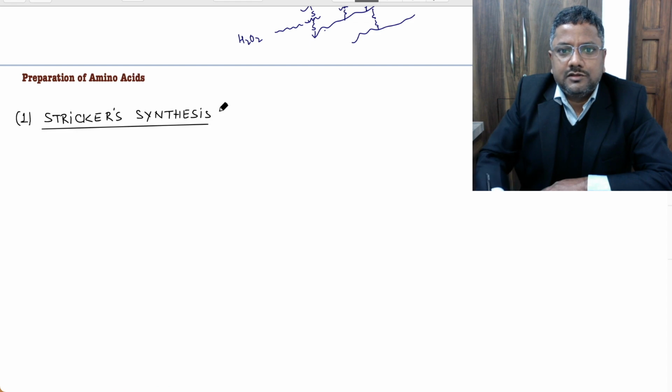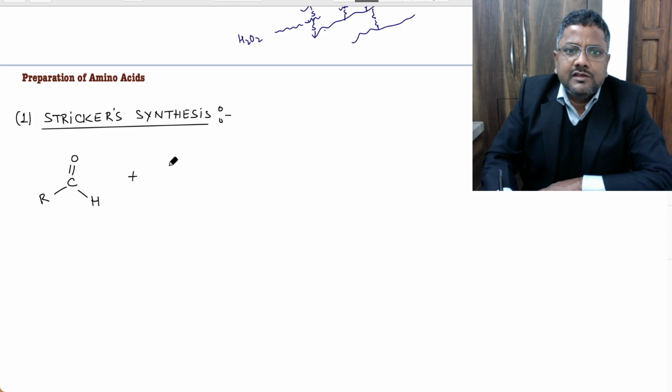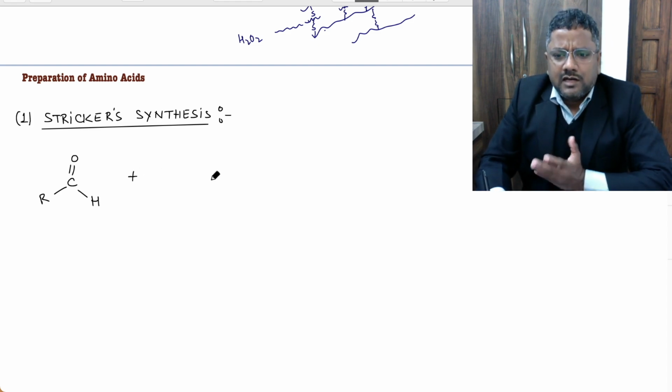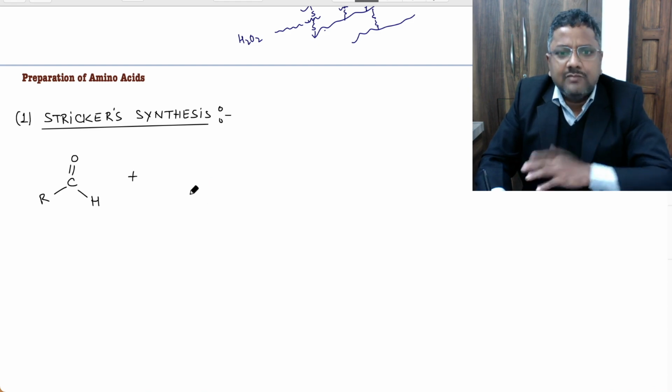In this synthesis, we take an aldehyde, RCHO. All of you are knowing all these reactions. RCHO plus you can take ammonium chloride, or you can take ammonia basically, or you can take a primary amine.